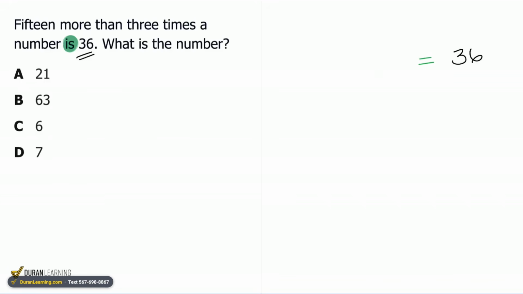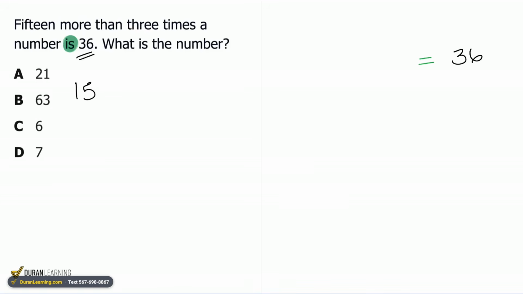So that's going to be pretty simple. But here is where we have to pay a little more attention. 15 more than 3 times a number. What does that really mean? Remember, everybody, when we have the phrase more than, what we are really needing to think about is a backwards interpretation.